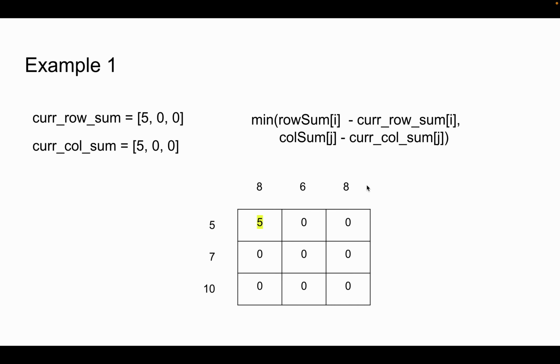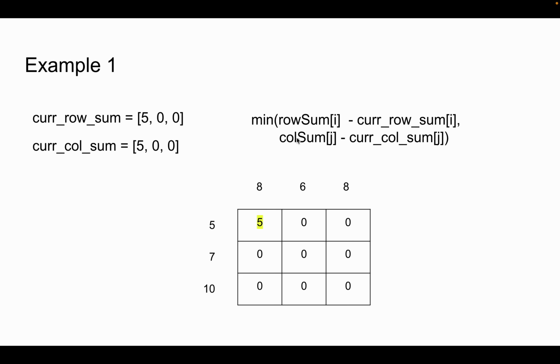All right, so going on. Why are we doing this? We take the minimum of the row sum we want for that row minus the current row sum, and compare it with the column sum minus the current column sum. So let's say we skip all the zeros for these two because we already fulfilled this 5, right?